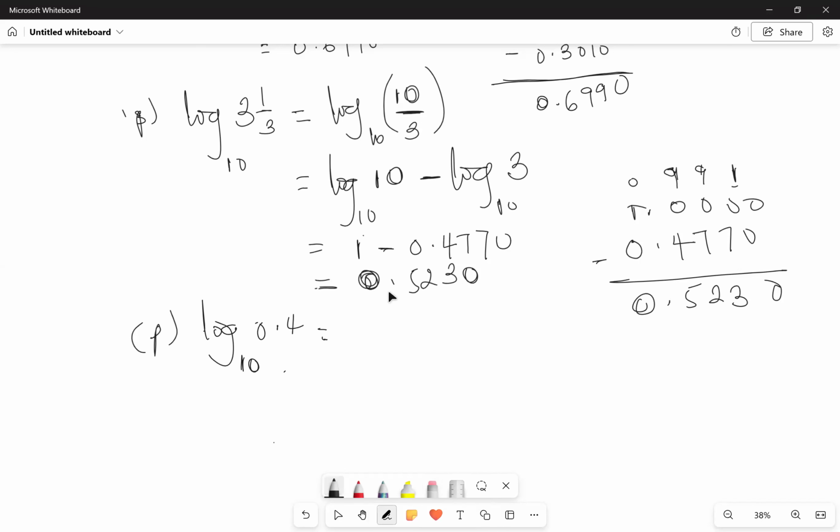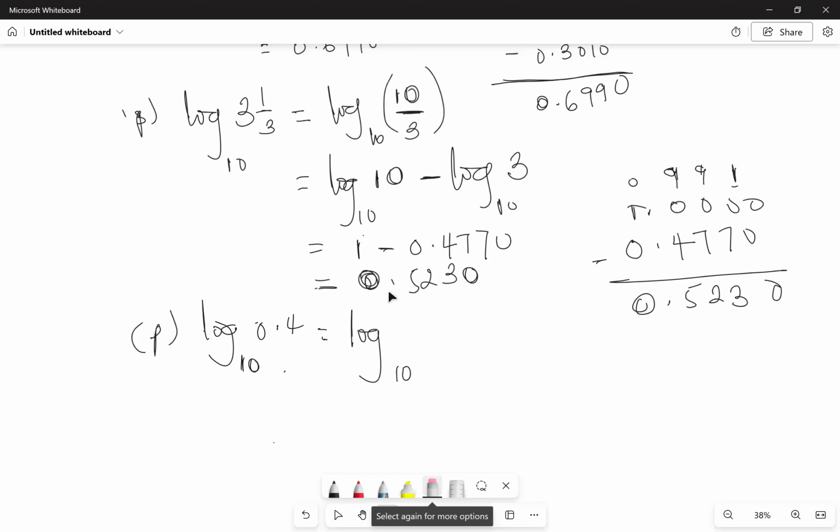So with this, express 0.4 in fractional form. Put it on the calculator.